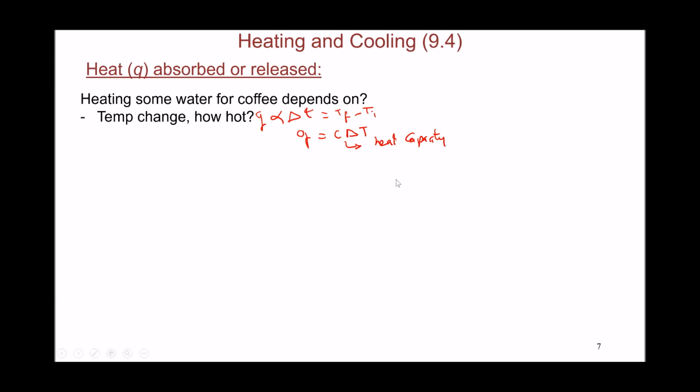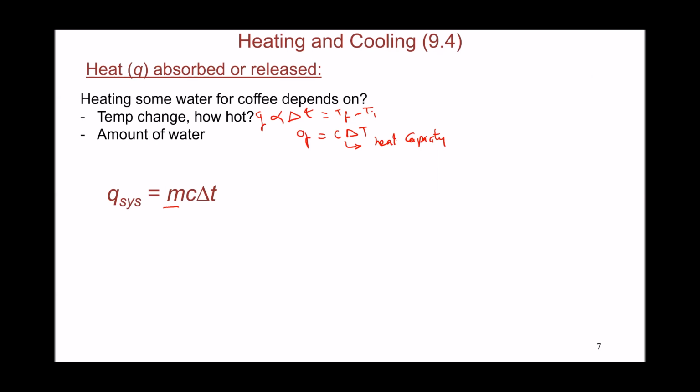But you may want to standardize that constant based on the amount of sample you want to heat, because different amounts of water require different amounts of heat. To standardize the amount of heat per unit mass, you have to take the proportionality to mass into account.